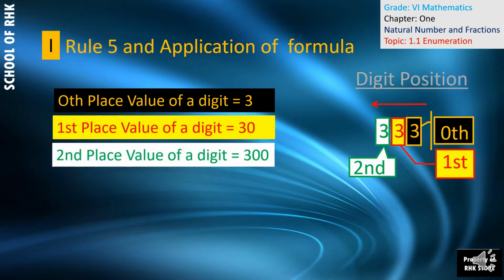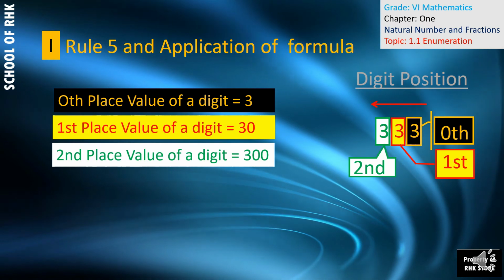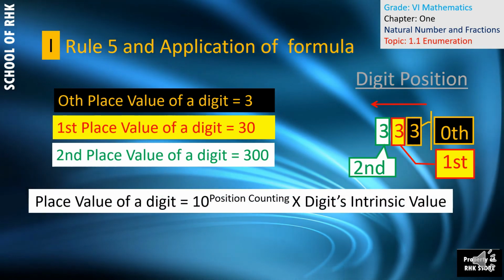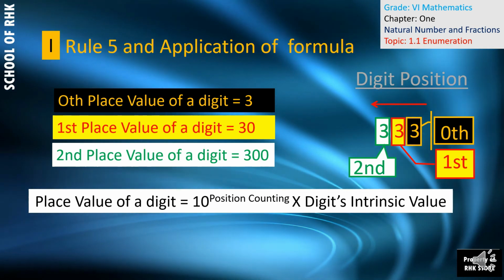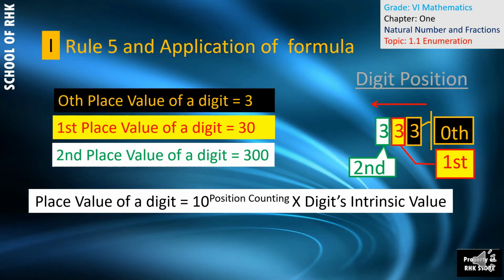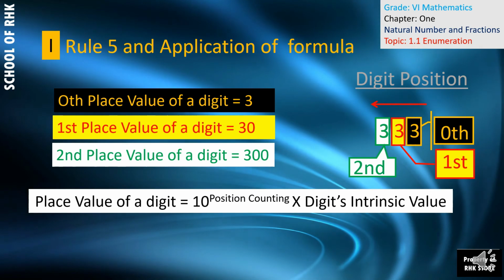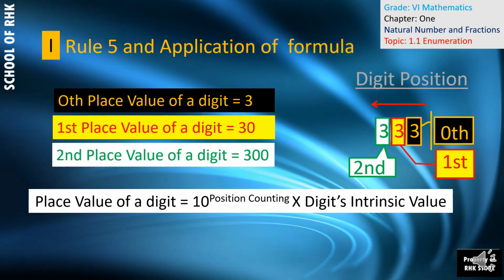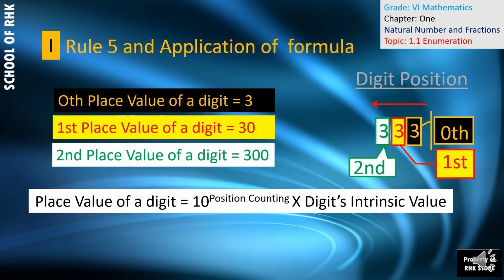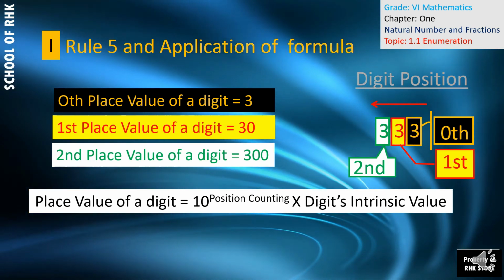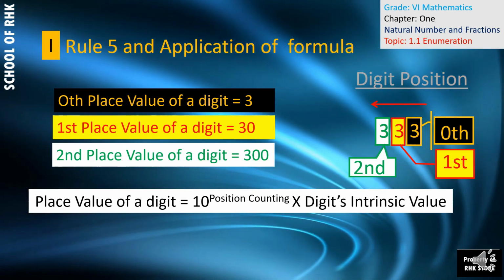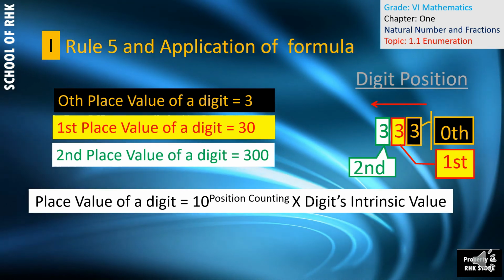And the value of a digit in any position of a number is equal to 10 to the power of position counting multiplied by the digit's intrinsic value. All the students are requested to try this formula to test the value of a digit in any number.